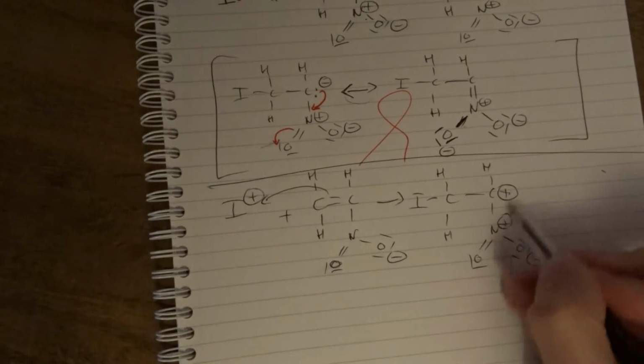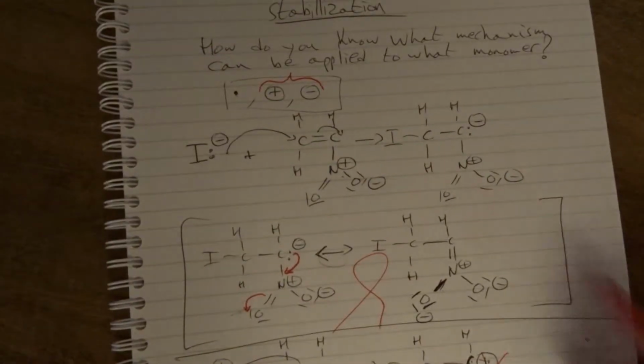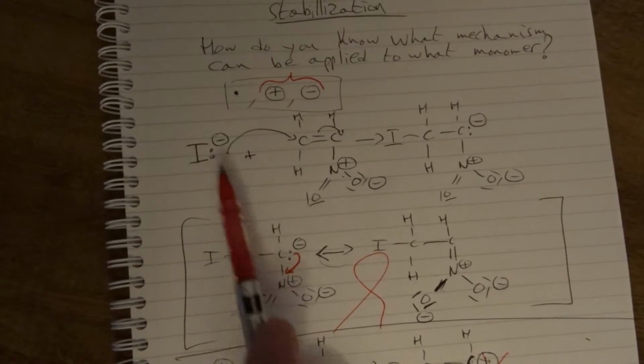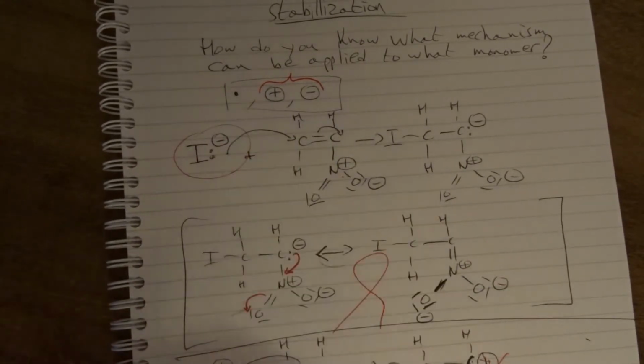We see here 2 positive charges next to each other, and that is not stabilized at all. So this is not possible. So if you have to choose for this monomer between anionic or cationic, we choose, of course, anionic polymerization.